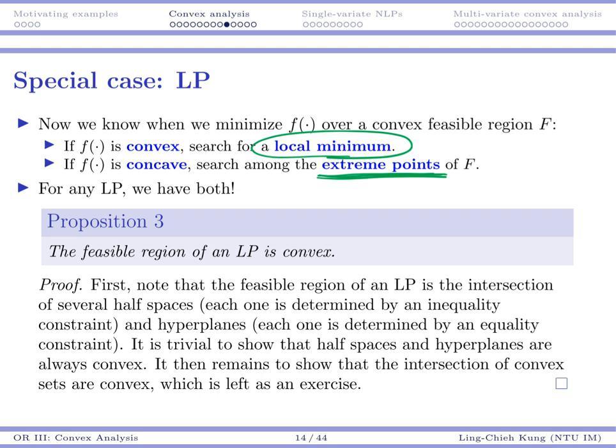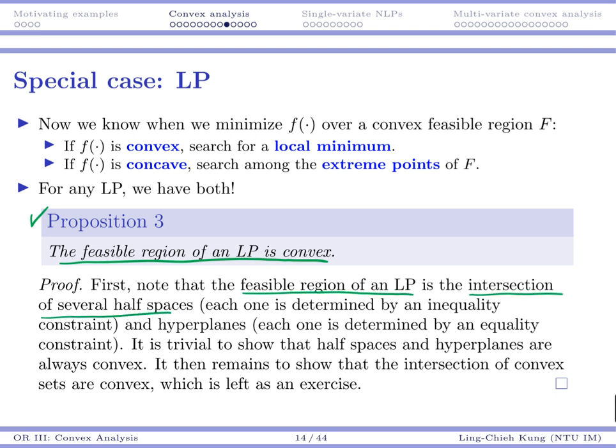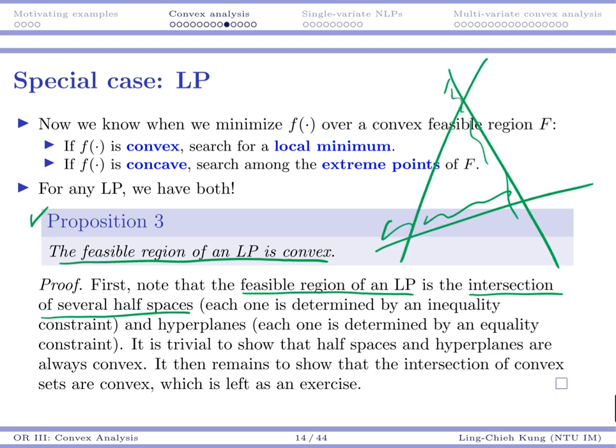So maybe we want to go through some rigorous proof. First, we need to show that the feasible region is convex. Let's consider the feasible region of a linear program, which is the intersection of several half spaces. It is trivial to show that half spaces and half planes are always convex. I think we all agree with that. It remains to show that the intersection of convex sets is convex, which is left as an exercise.